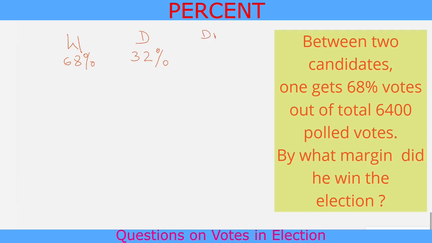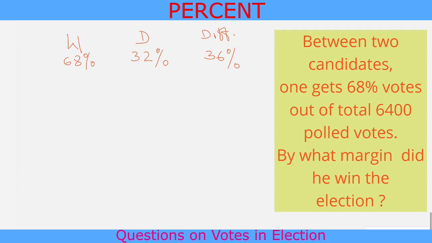And the difference between the two candidates is 36% votes. 68 minus 32 is 36. It is given that the total votes were 6,400 and we have to find the 36% votes, which is the margin by which the winning candidate defeats the opponent.